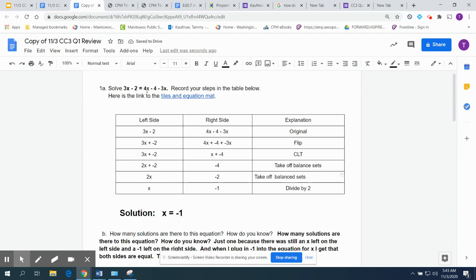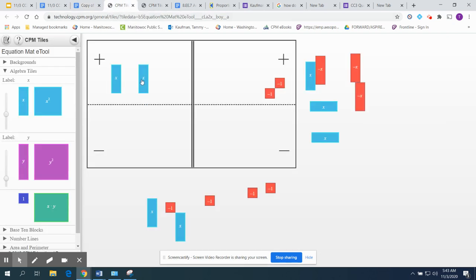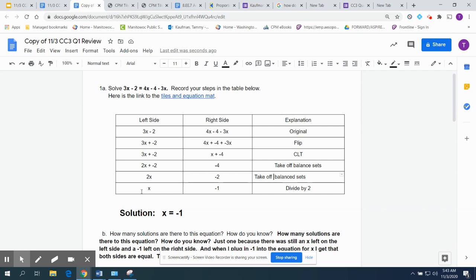And what I'm left with is that 2x is equal to negative 2. So then I'm going to divide that by 2 because I have 2 x's. So there's going to be a negative 1 in each group. So my answer is going to be x is equal to negative 1.